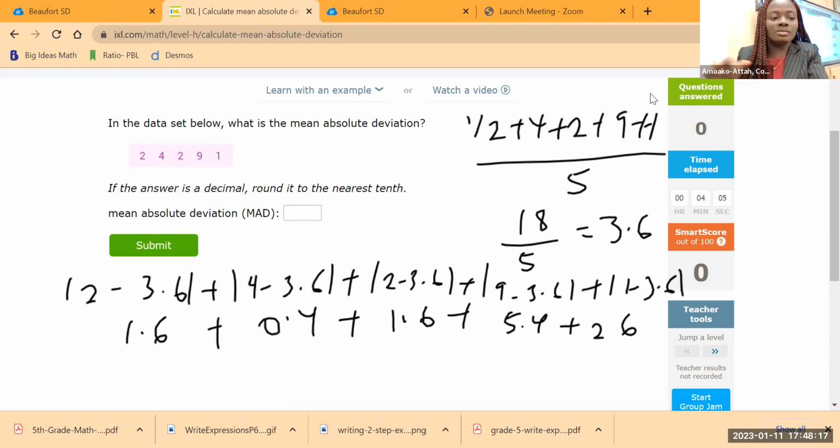All right, then we sum them together: 1.6 plus 0.4 plus 1.6 plus 5.4 plus 2.6.